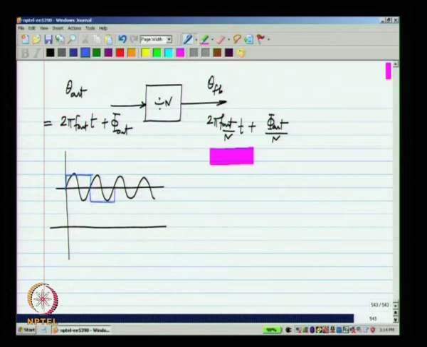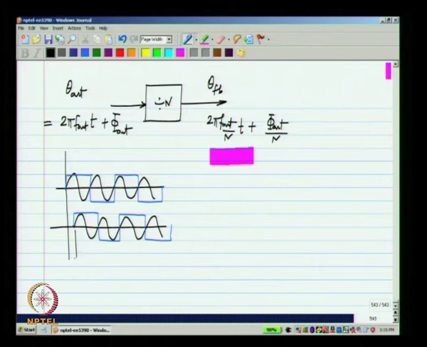So, it will have one cycle for every 2 cycles of the input, it will look like that, and let us say the input sinusoid is shifted by some phase. What will happen to the output? It will also be shifted by the same amount in time.